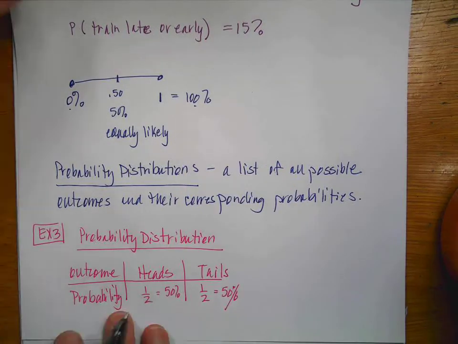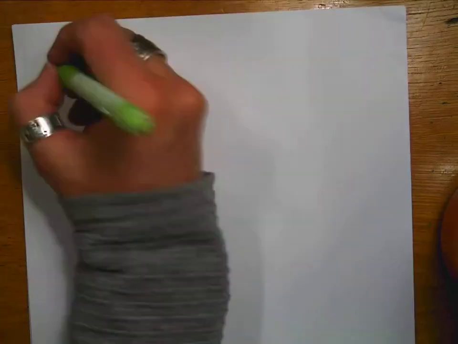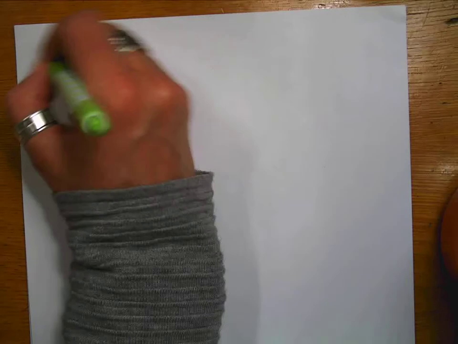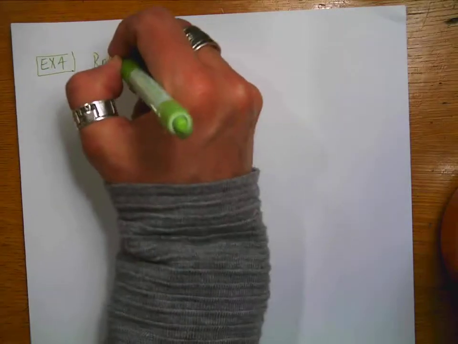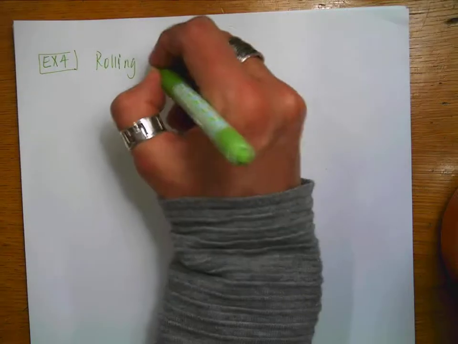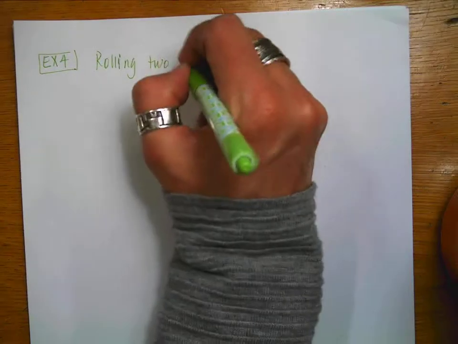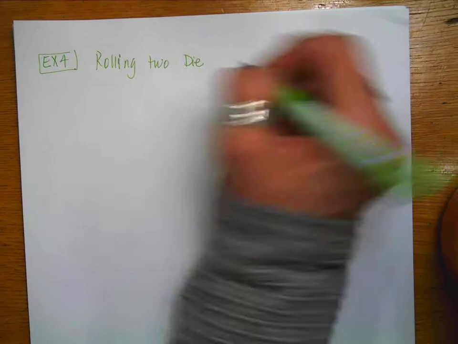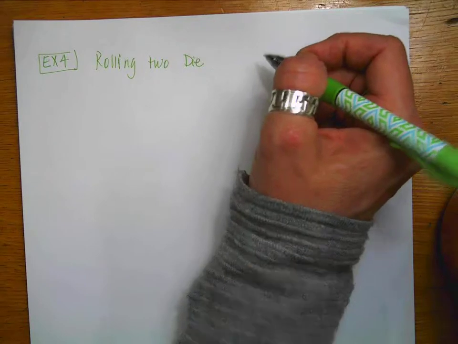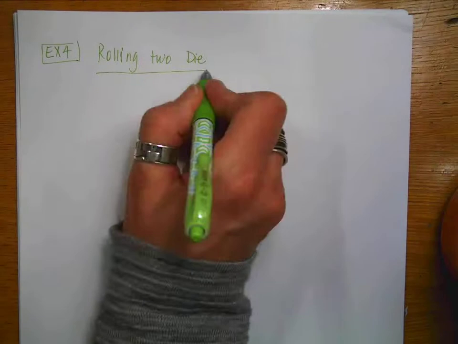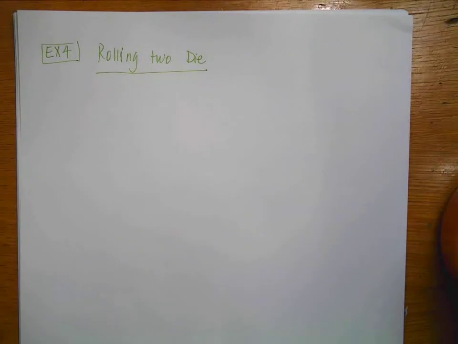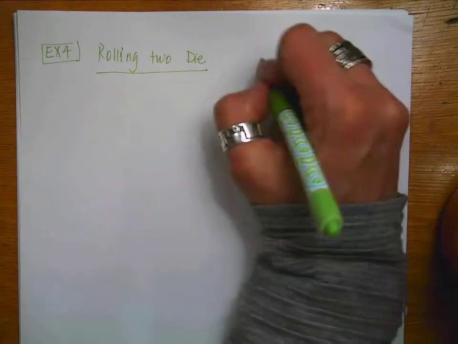Okay? So the next example that I want to do, example number 4, is going to be talking about rolling some dice. Okay? So this time, instead of rolling 1 dice, we're going to roll 2 dice. Okay? Or die. I never remember which one is plural and which one is singular, so we're just going to put that down there. So I'm going to show you what happens.